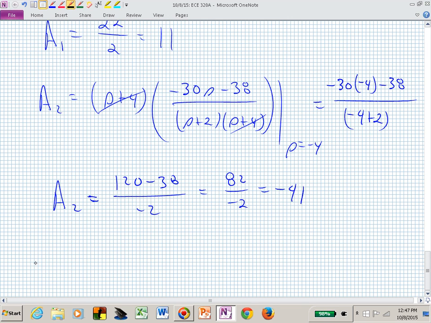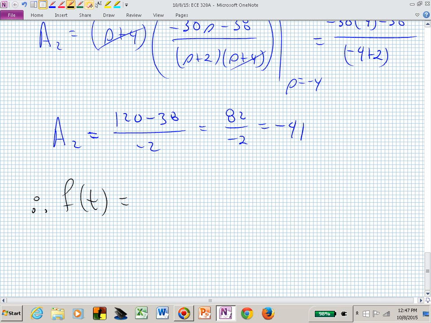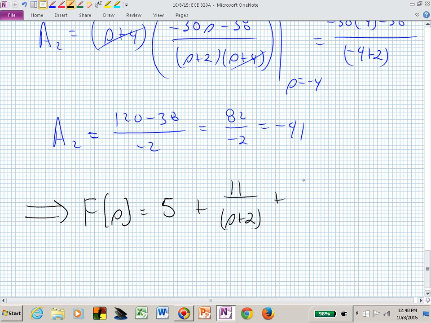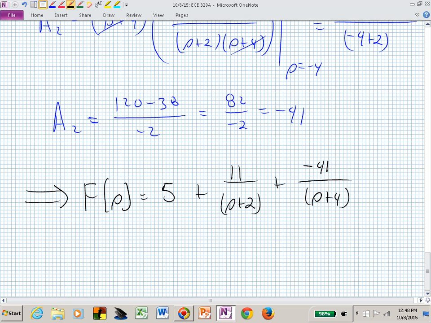Now I can immediately write down little f of t. Should I do that, or should I show you what we have? We now have for capital F of S, that's now 5 plus 11 over S plus 2 plus minus 41 over S plus 4.